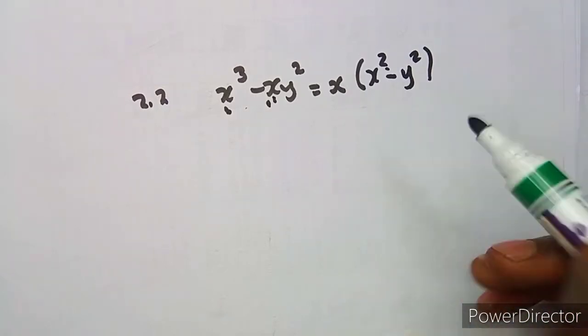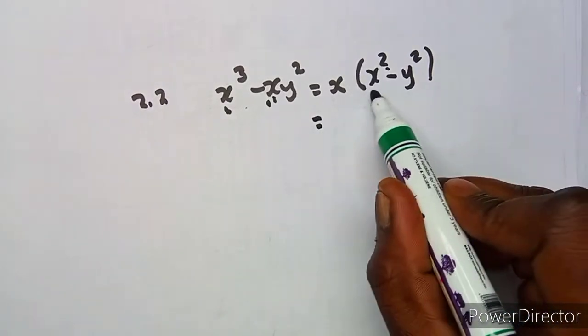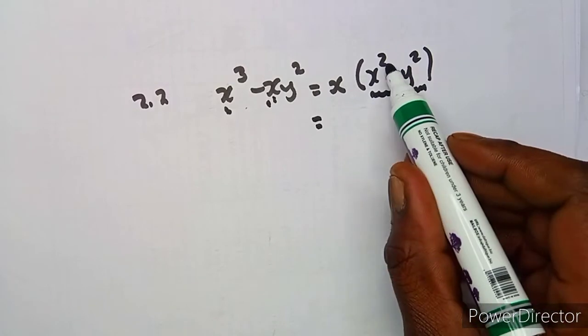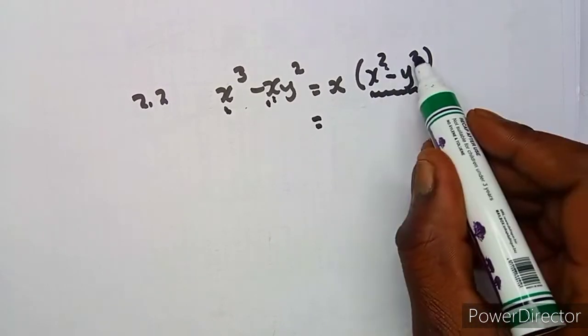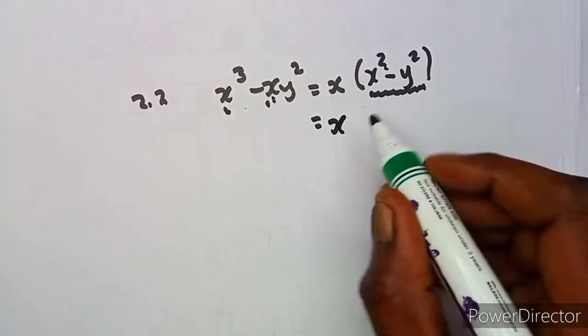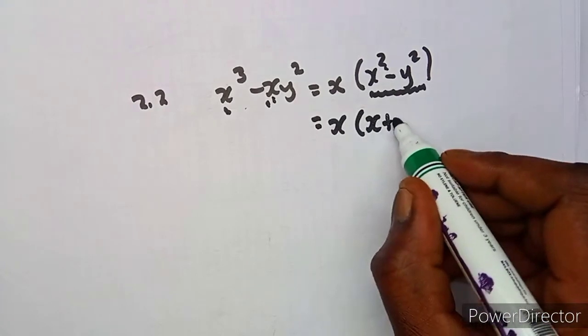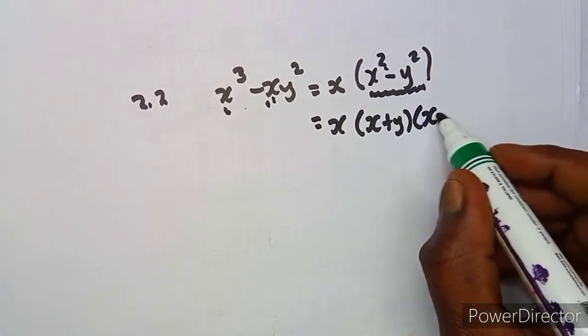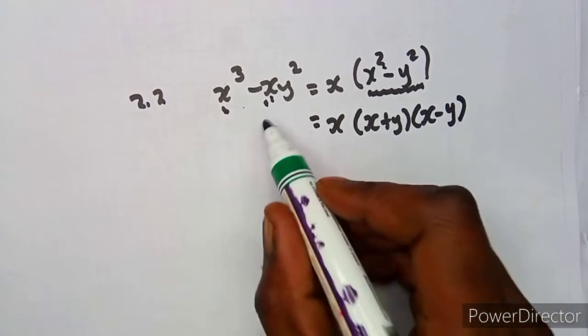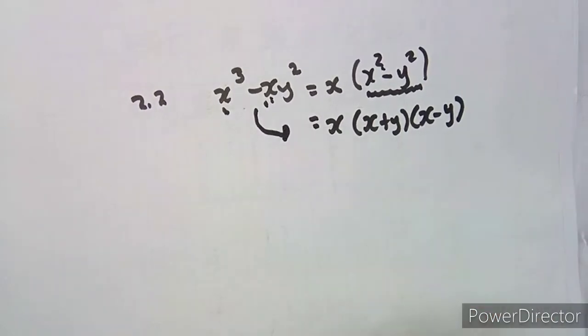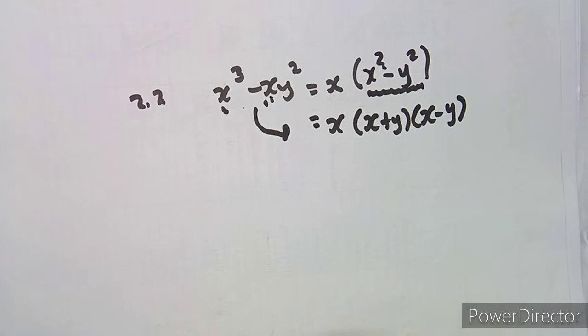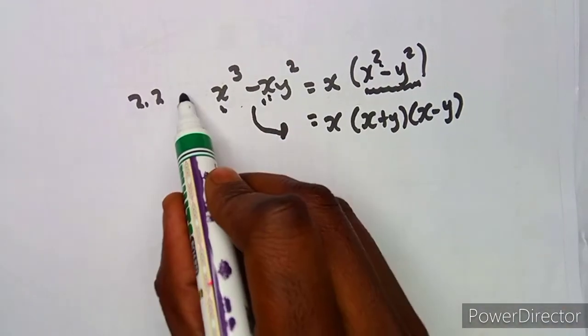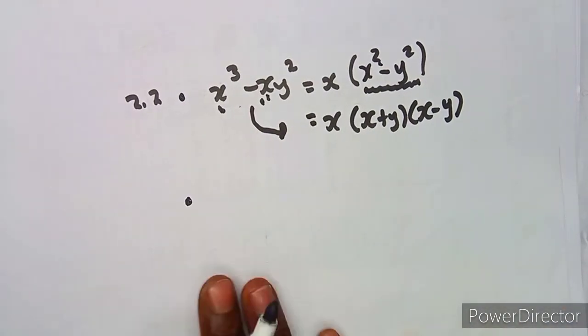All right. Then inside the bracket, this is a difference of 2 squares, x squared minus y squared. As you can see, we are raising to the exponent of 2. So it's going to be x. Remember, one bracket adds, another bracket is going to subtract. All right. So this is our x cubed minus xy squared. Leave it like that. We move on to another one.